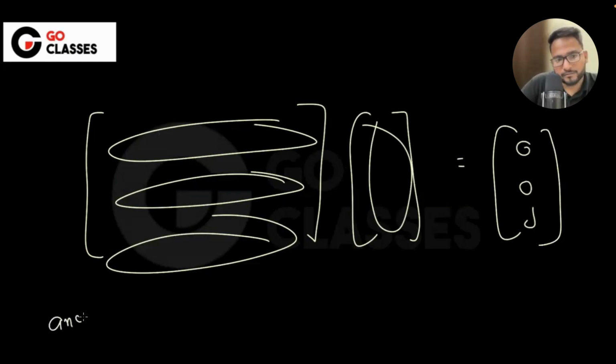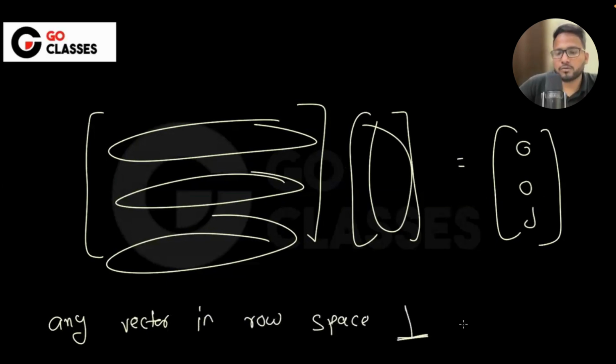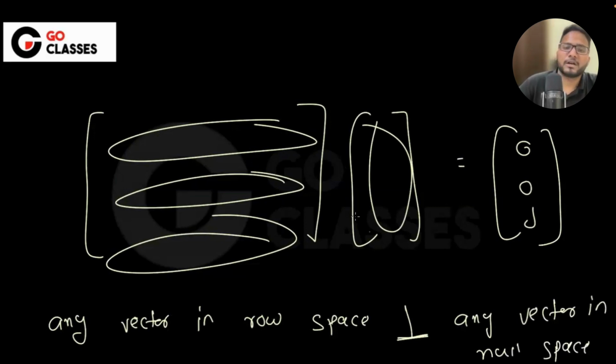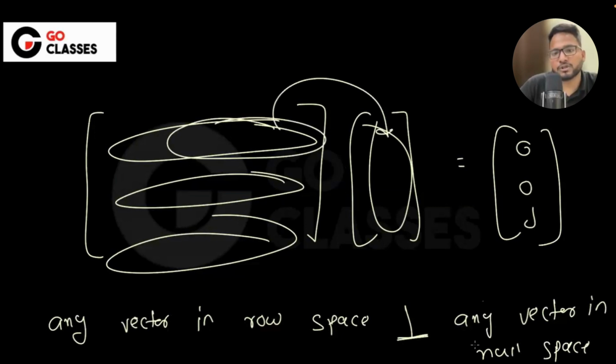Any vector in row space is orthogonal to any vector in null space, because that's how null space is defined actually, right? This vector multiplied with this vector will give you zero. That's how null space is defined.